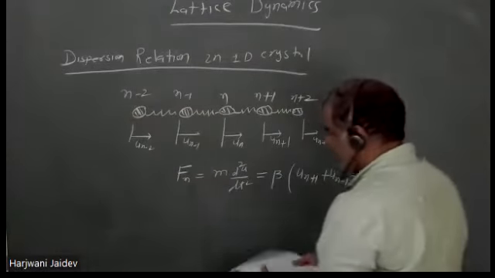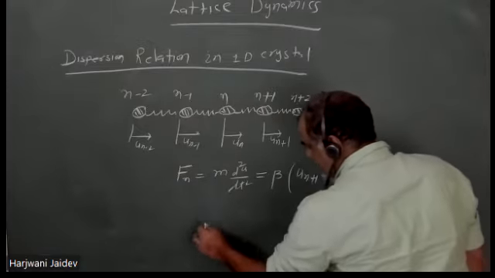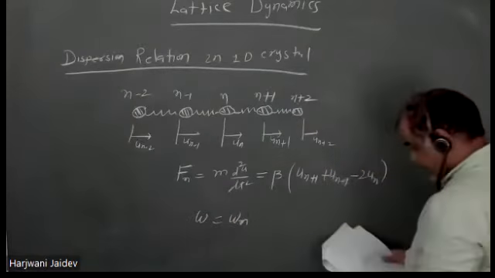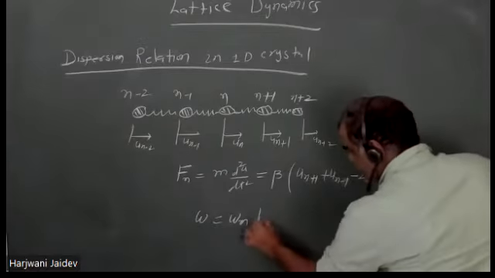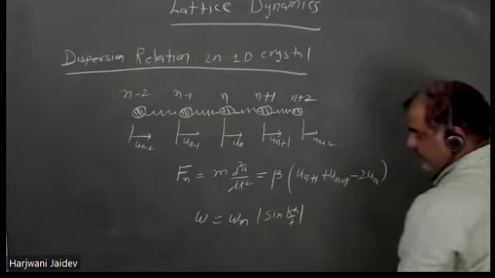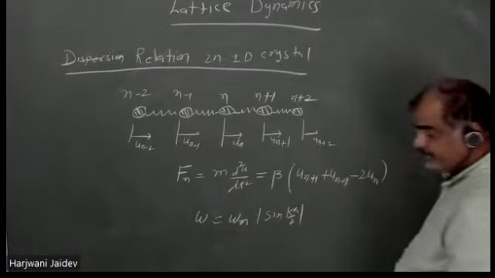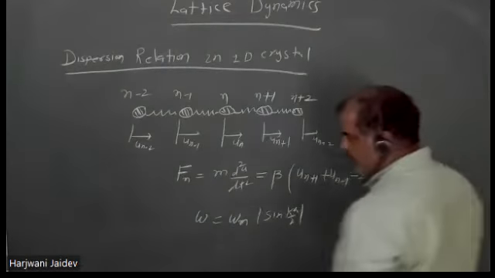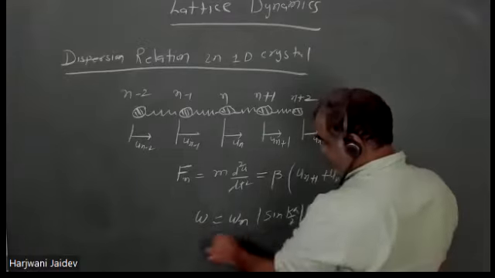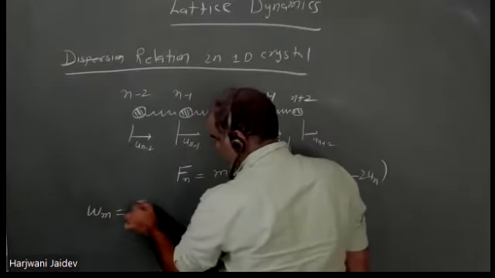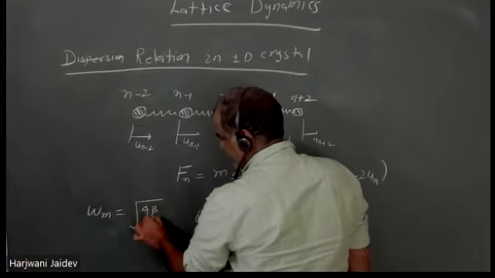Omega square equals 2 beta by m times 1 minus cos ka. So we got omega equals omega m sin ka by 2, where the cutoff, the maximum frequency omega m, is given by 4 beta upon m.